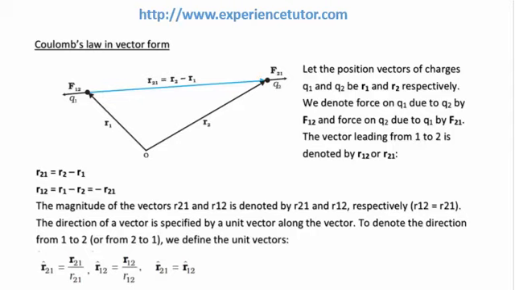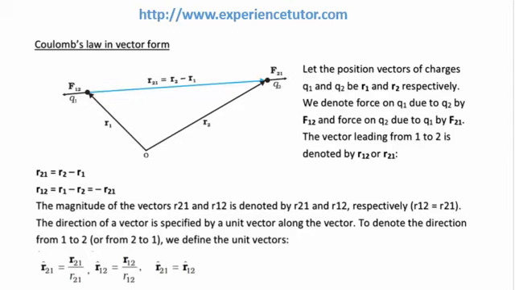The vector leading from 1 to 2 is denoted by r21 or r12. r21 is equal to r2 minus r1. r12 is equal to r1 minus r2, which is equal to minus r21.